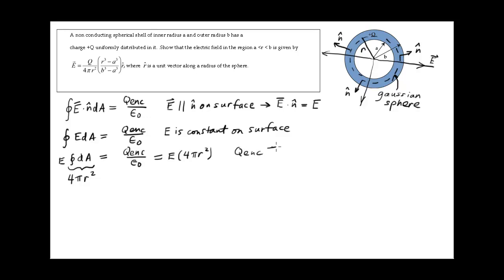We can write it down as the charge per unit volume, because this charge is smeared out throughout the volume of the shell.